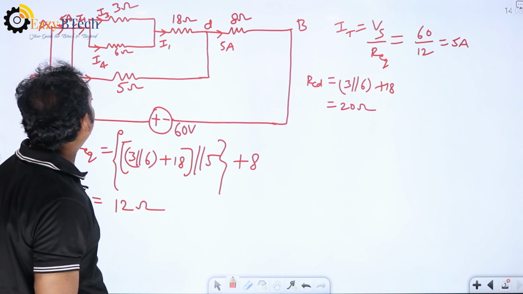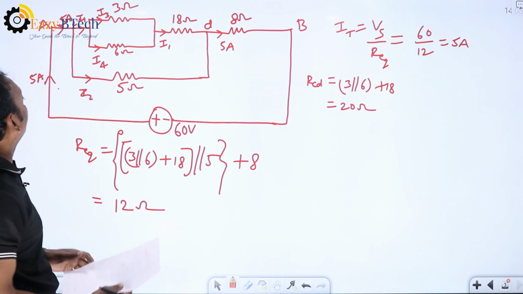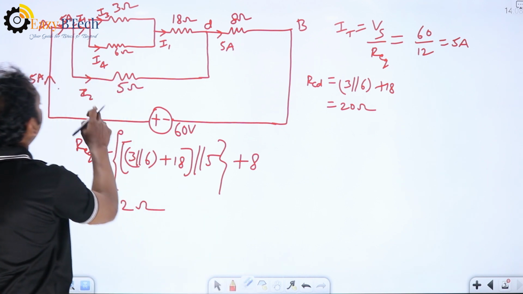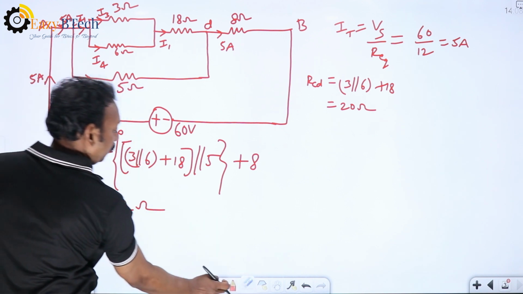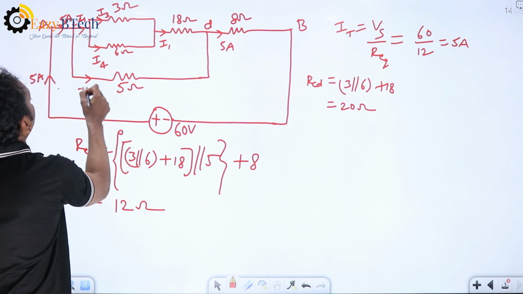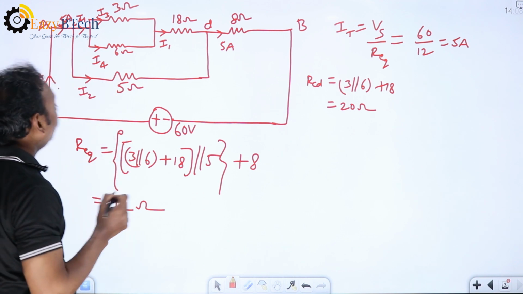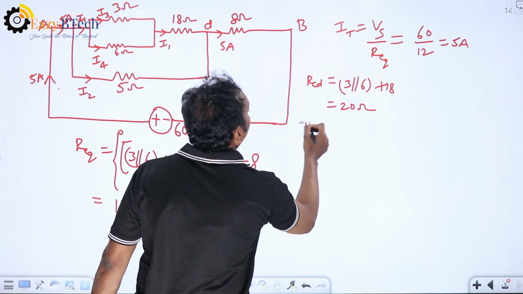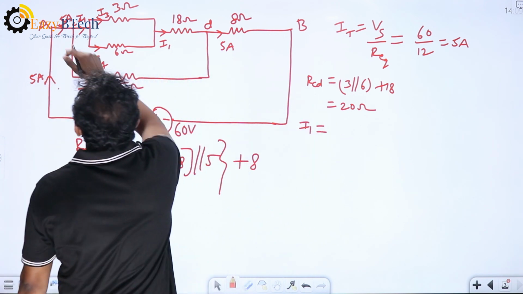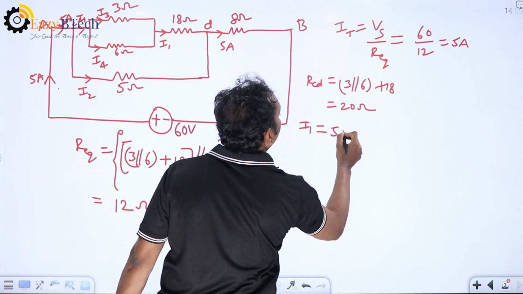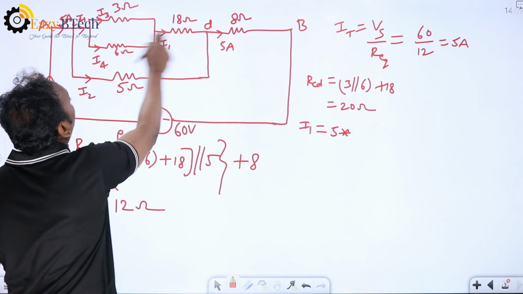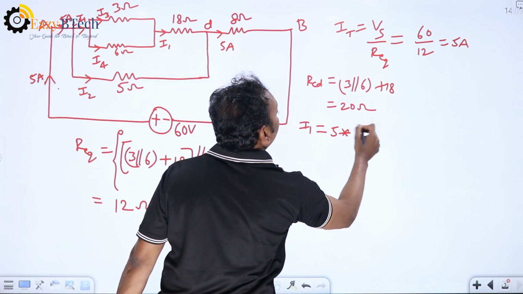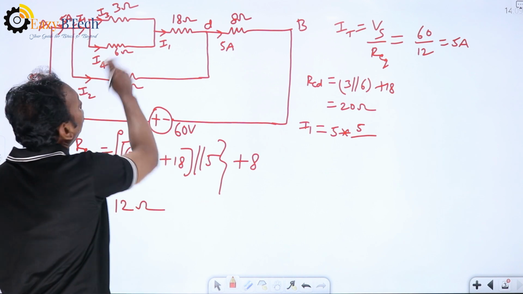Now, how to find I1? Here the total current is 5 ampere. This is I1 and this is I2. First we will find the I1 value. I1 equal to total current 5 ampere, and for this CD combination, the opposite resistance is 5 ohms. 5 ohms divided by the sum of the resistances.